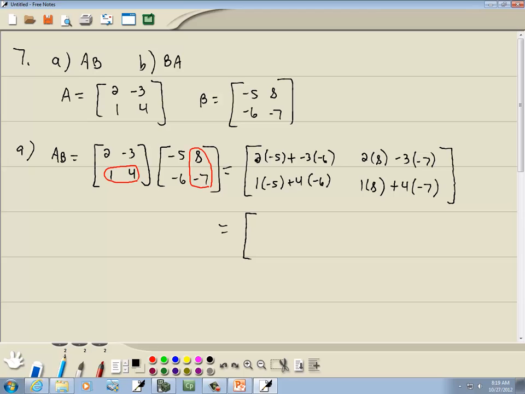Okay, so what we get then is 2 times -5 is -10. -3 times -6 is 18. 2 times 8 is 16. -3 times -7 is 21. 1 times -5 is -5. 4 times -6 is -24. This would be 8 minus 28.